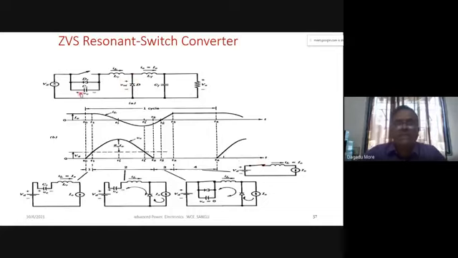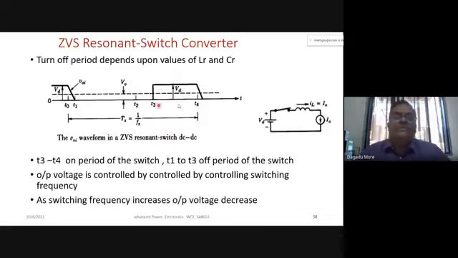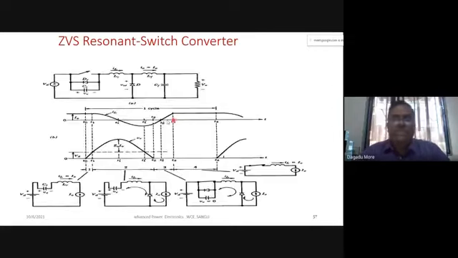In the T3 to T4 period, our switch is on, and when the switch is on, the diode will be off. Only that voltage across the diode will be present, and that magnitude of voltage will be almost the VD.